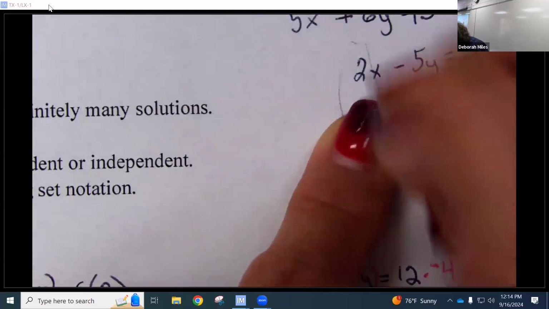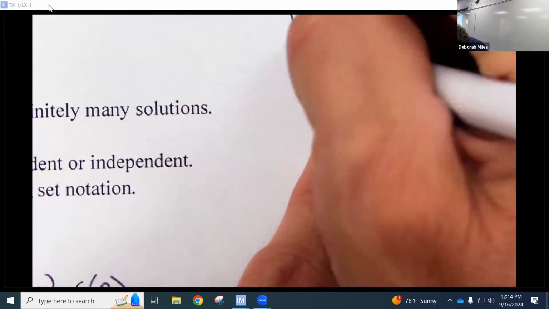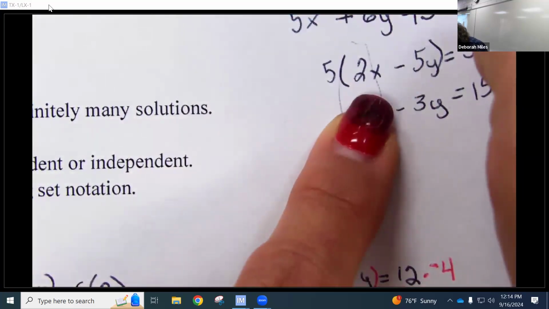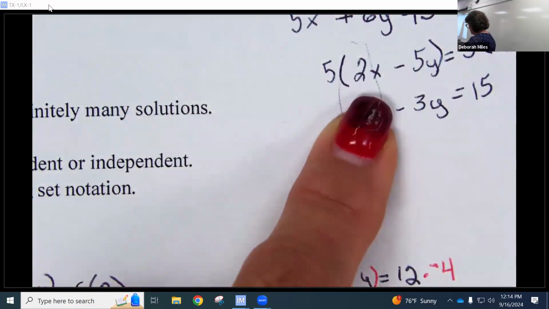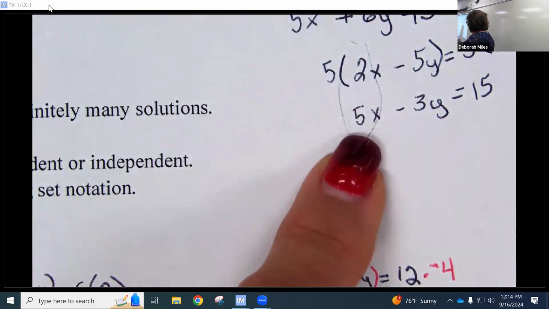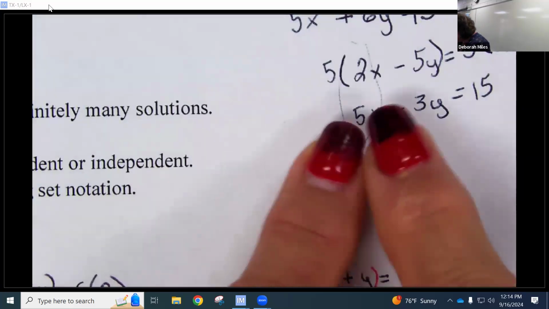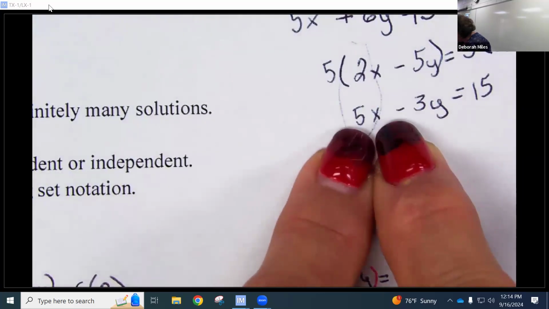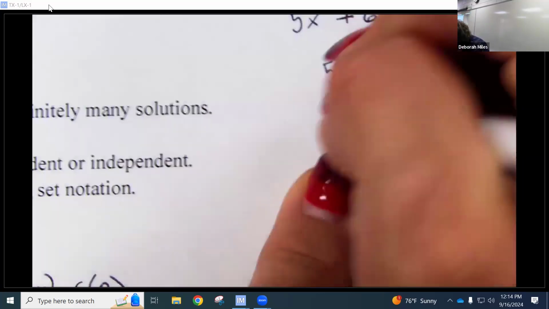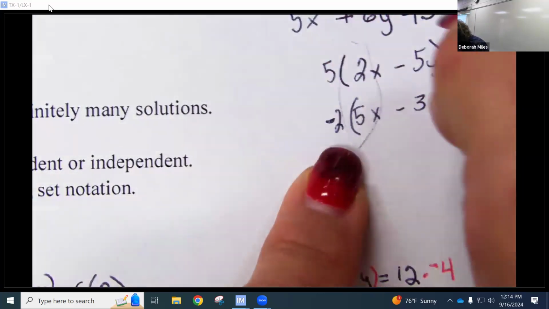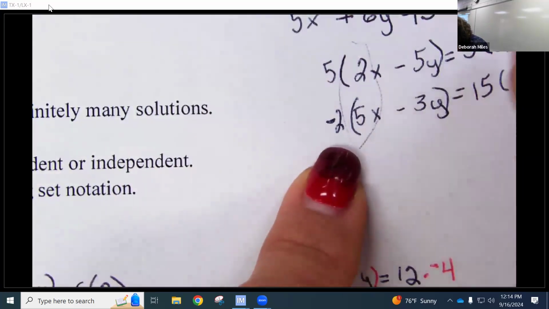And whatever you do to the left-hand side, you have to do the same thing to the right-hand side. Now, what could I multiply by the second equation to make this become -10x? -2. And whatever you do to the left-hand side, you just have to do the same thing to the right-hand side.